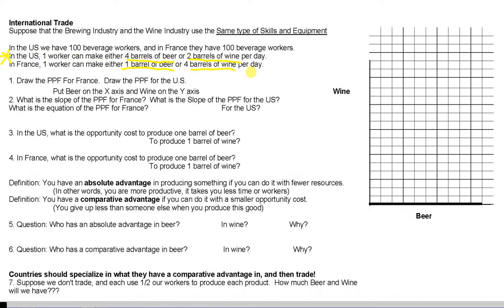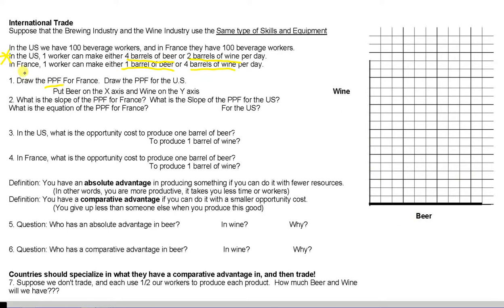So let's first explore this situation by drawing the production possibilities frontiers for France and the United States. Let's start off by looking at France, and I'll use red for France. Now over here I have X and Y axes, beer on the X axis, and on the Y axis we'll put wine.